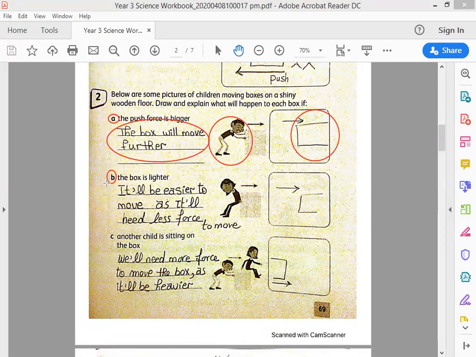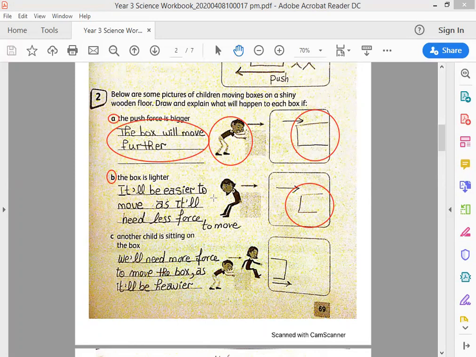Question B told you the box is lighter. It's a light box. What do you think? Will the box move or not? Imagine that you are moving a small box. Will it move on a smooth surface or not? Of course, it's going to move because it will need less force. It will be easier to move.